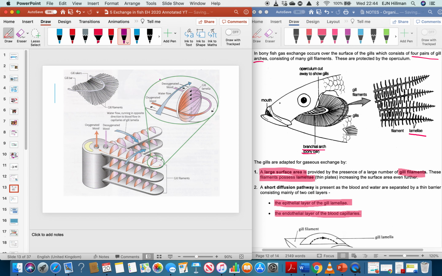So deoxygenated blood travels to the lamellae, it moves into the capillaries and moves across that capillary, but look at this, it's moving in the opposite direction to the flow of the water. So as water moves past the lamellae, the blood is moving in the opposite direction.